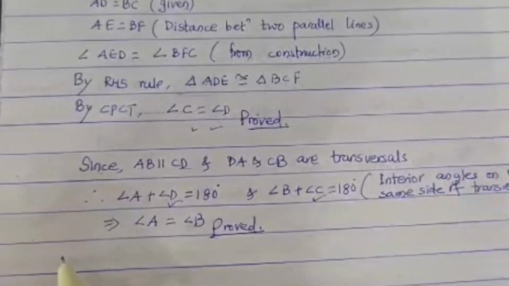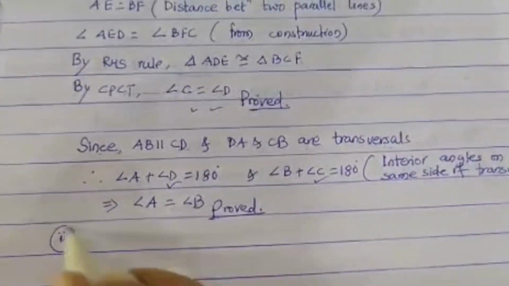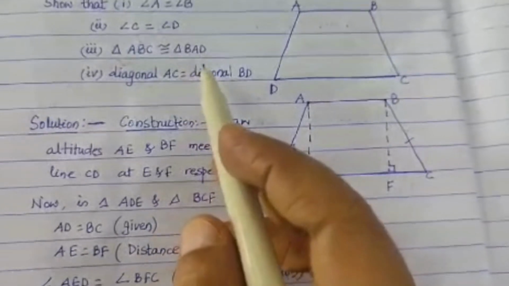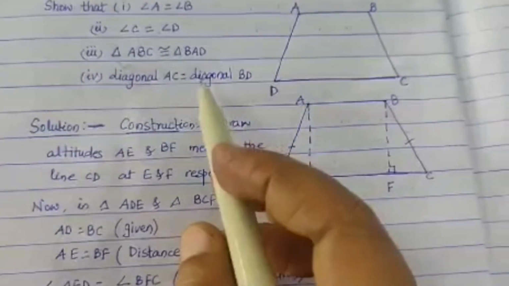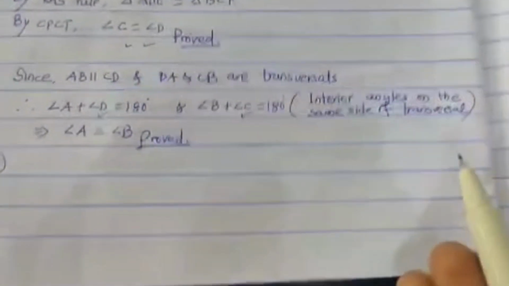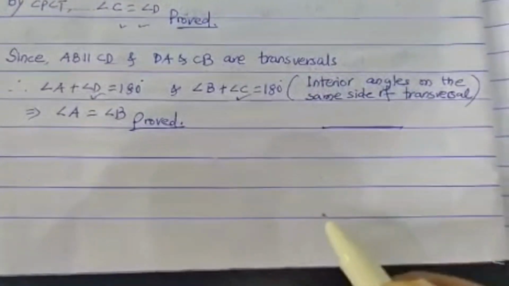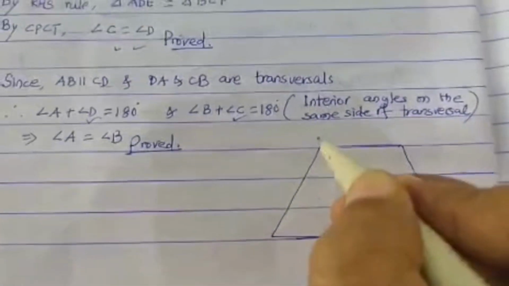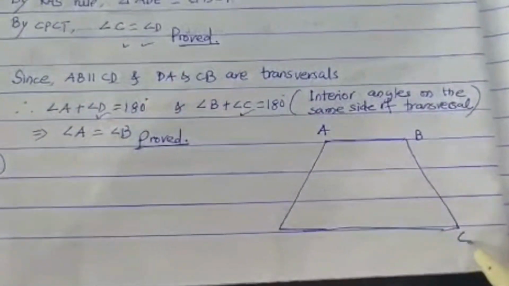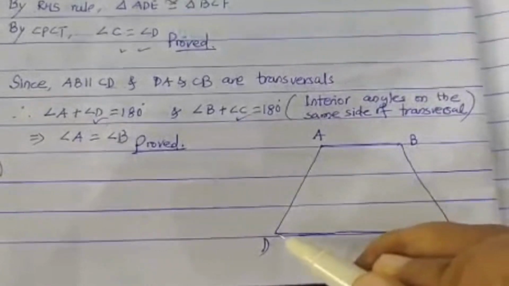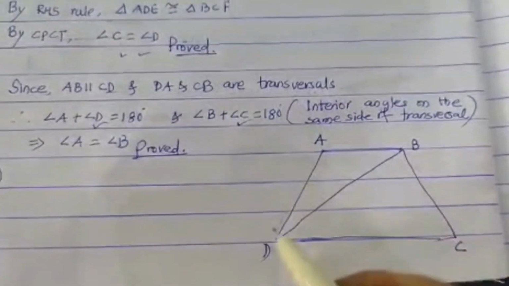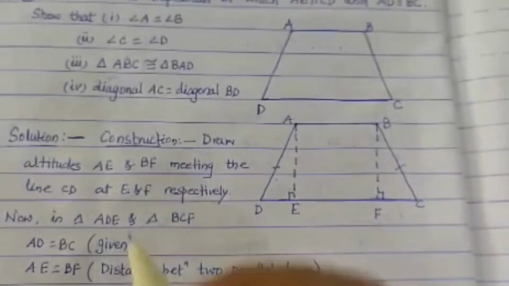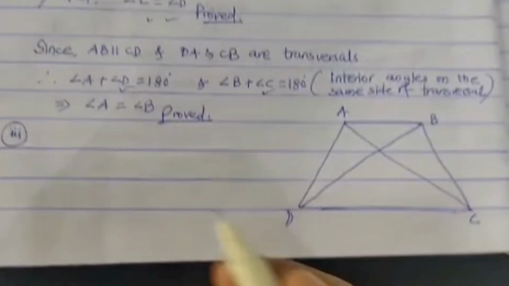Now the first and second parts are proved. Let's come to the third part. You have to prove that triangle ABC is congruent to triangle BAD. Let us draw the figure again. Suppose this is the trapezium ABCD.